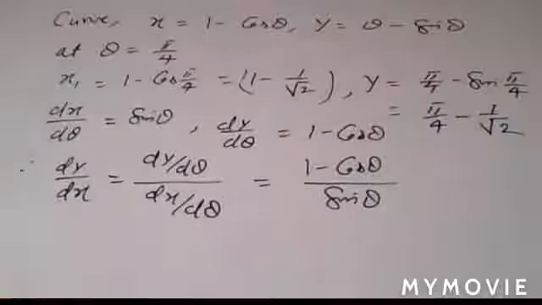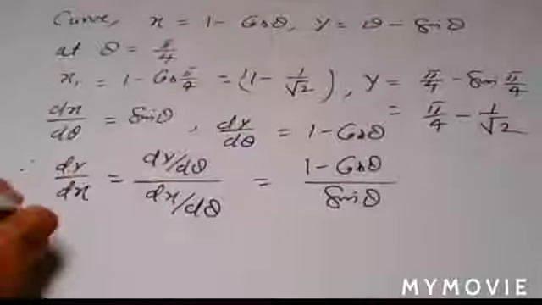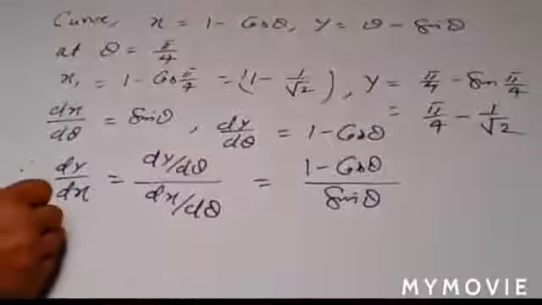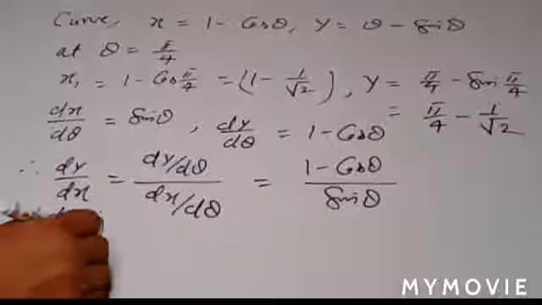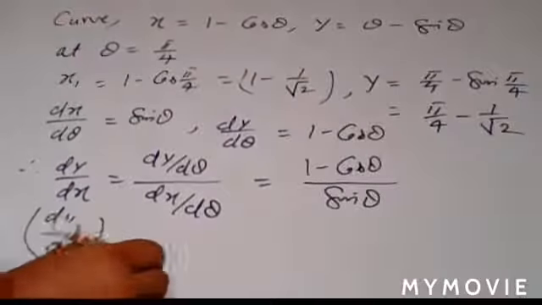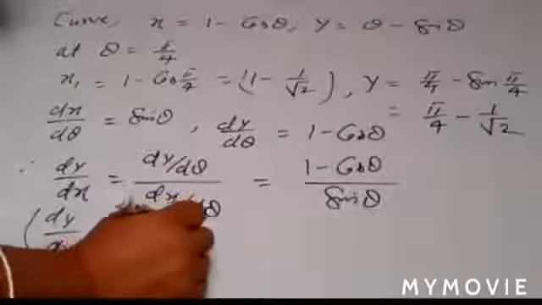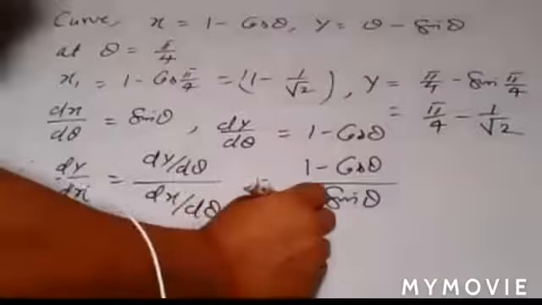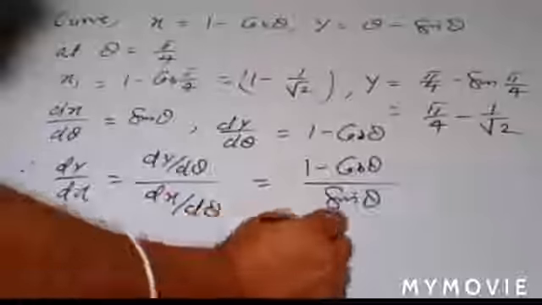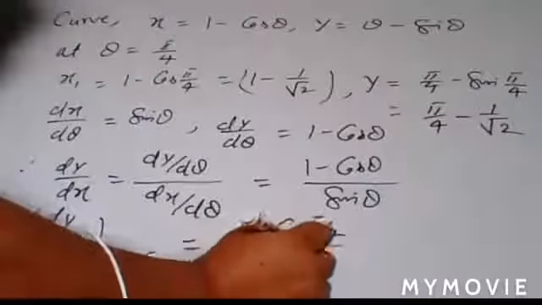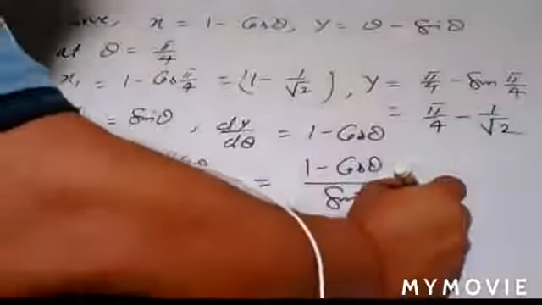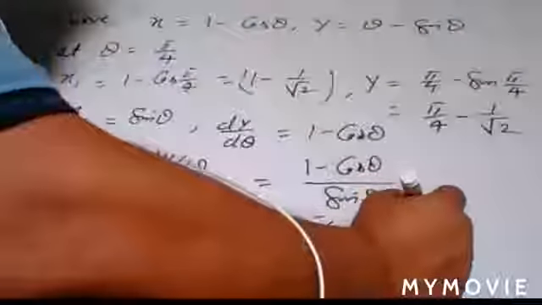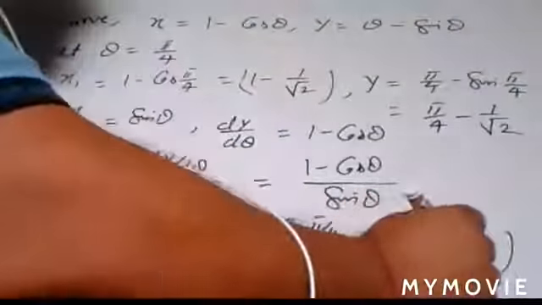Now, putting the values at theta is equal to pi by 4, dy by dx at the point theta is equal to pi by 4 is equal to 1 minus cos pi by 4 upon sine pi by 4. Now putting its value, you have root 2 minus 1.